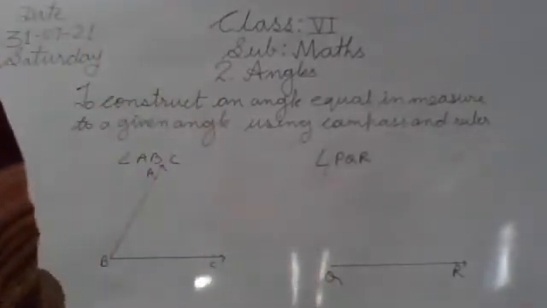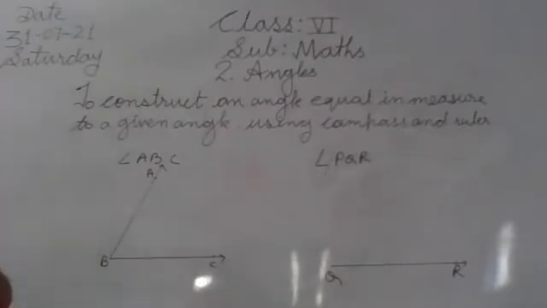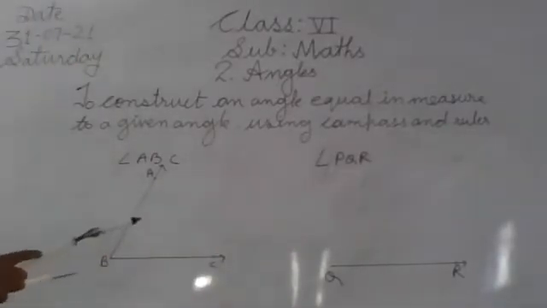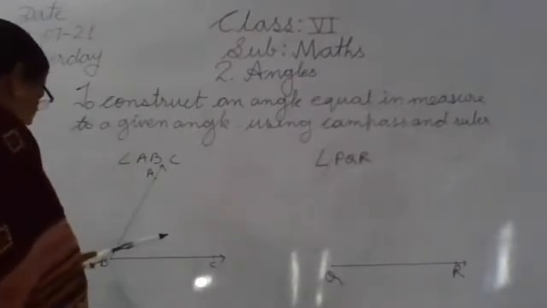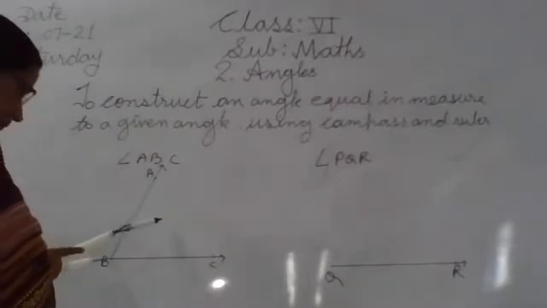Okay. Now see better. We will use the compass. So now see, it is my compass. Place the compass point at vertex B. Here we will place the point of the compass.